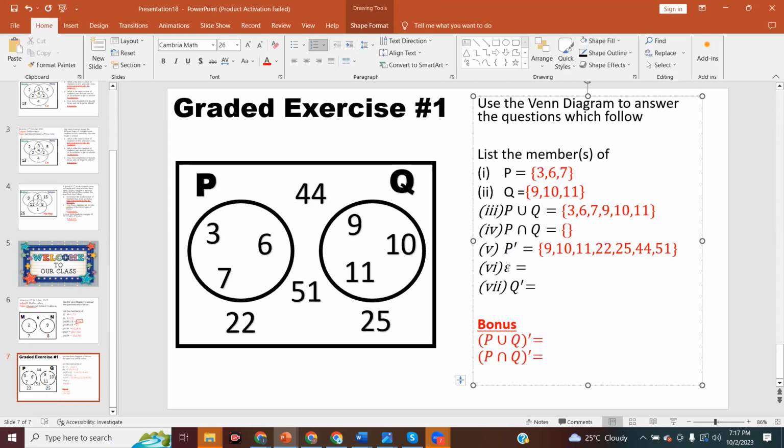And so that's going to be, let me ask Kama, what do you have for the universal set?